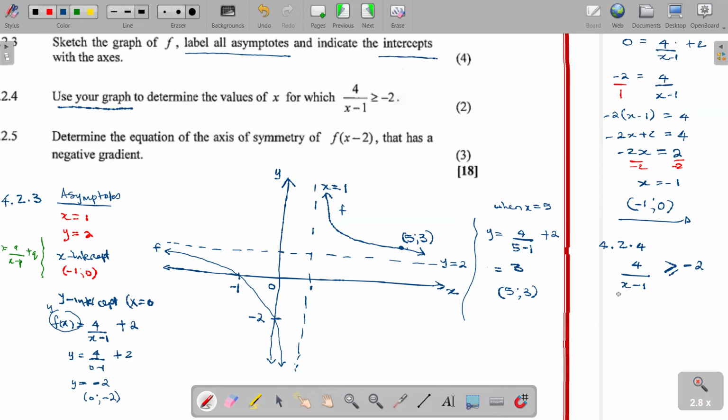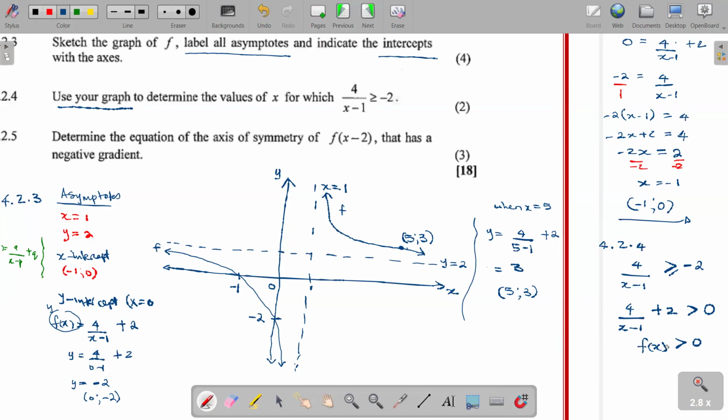Since the question is specifically saying use the graph, we must go back to our graph. From the information given here, we can transpose that to that side. When we transpose that, we have 4 over x minus 1 plus 2 is greater than or equal to 0. But 4 over x minus 1 plus 2 is our f(x), which we were given. So we have a question which is saying f(x) is greater than or equal to 0.